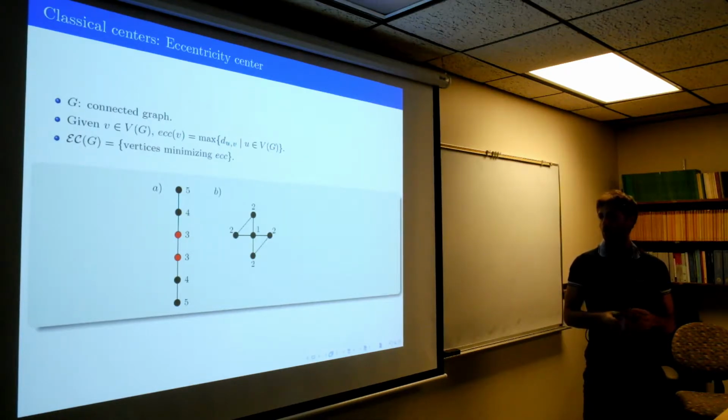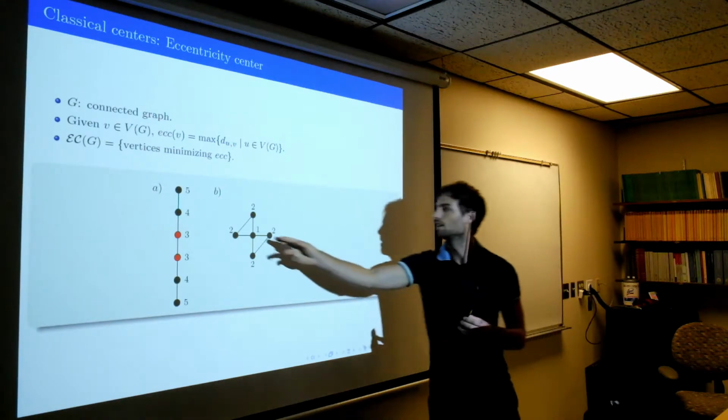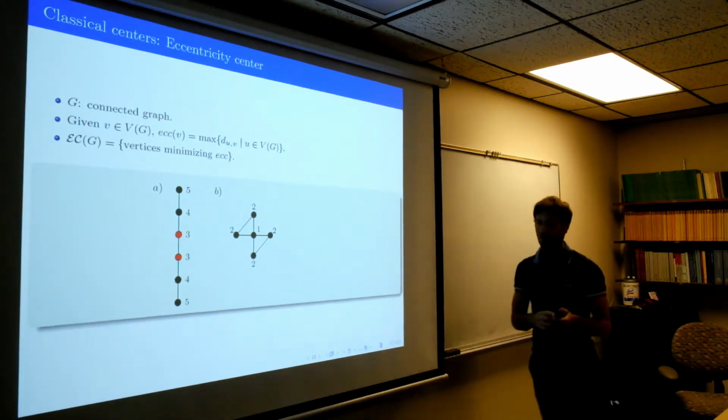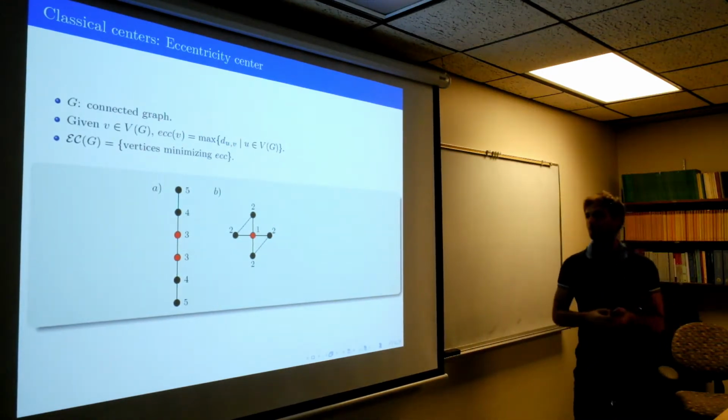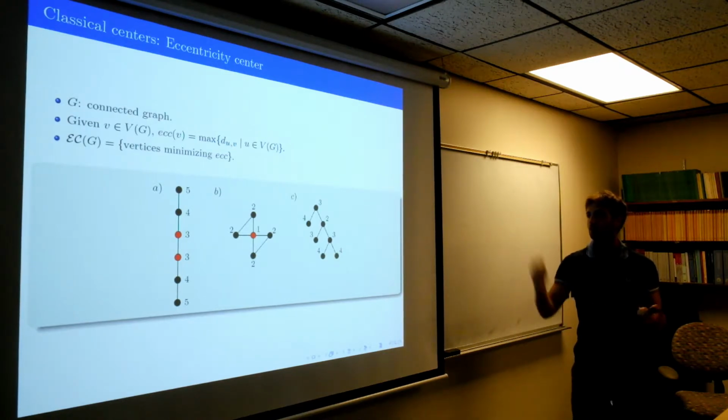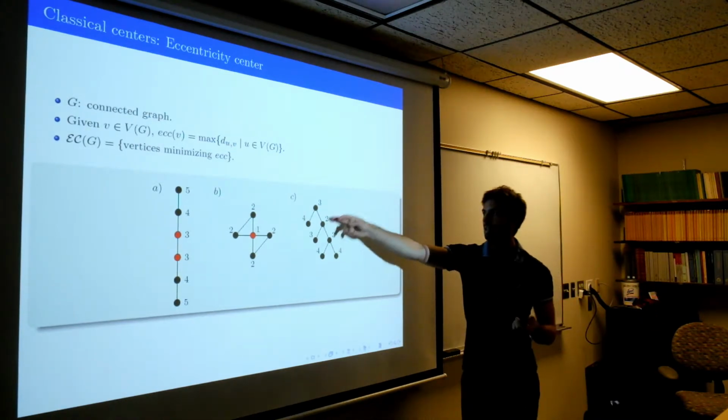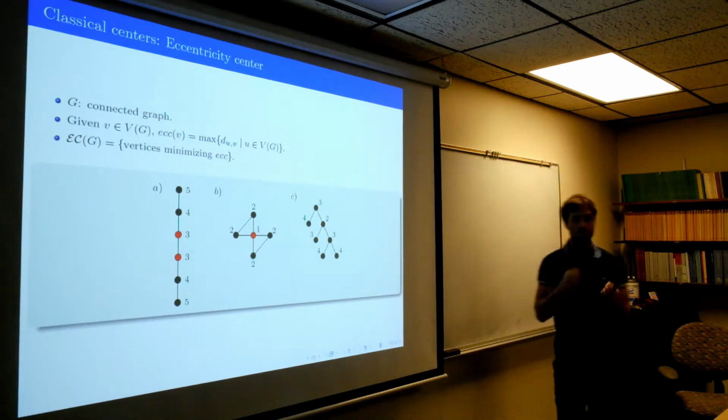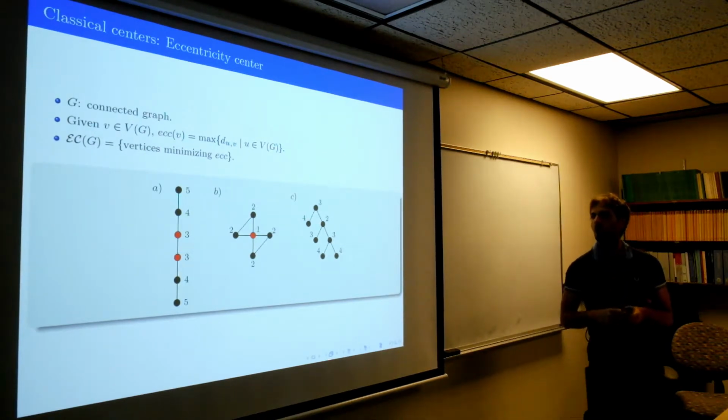For this other graph, we see that from the central vertex, we can reach all the others in one step. So again, our intuition was correct. And for this other graph, from this vertex here, we can reach all the others in 2 steps, and it's the only one attaining this minimum maximum distance. So the eccentricity center here is just one vertex.